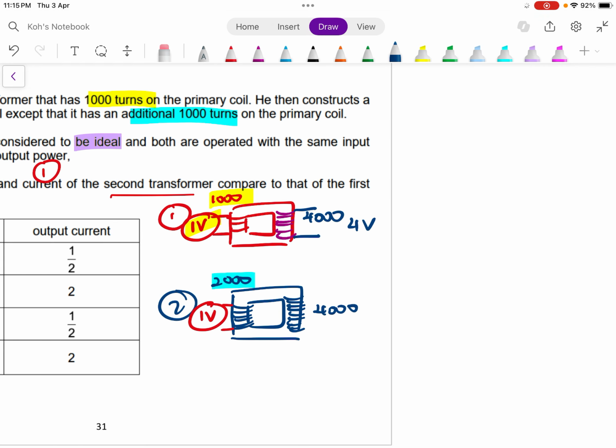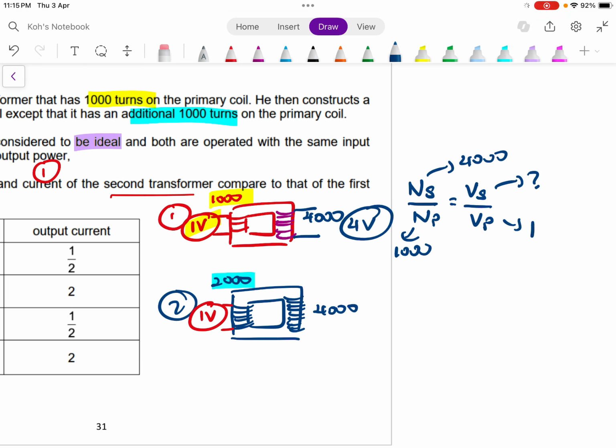Let's use NS over NP is equal to VS over VP. So this is 4000 divided by 1000, then VP I put as 1. So eventually you will get 4 volts as the output voltage for the first transformer.